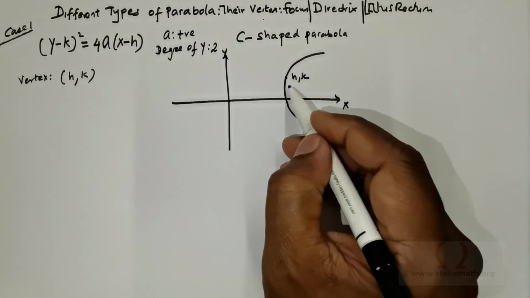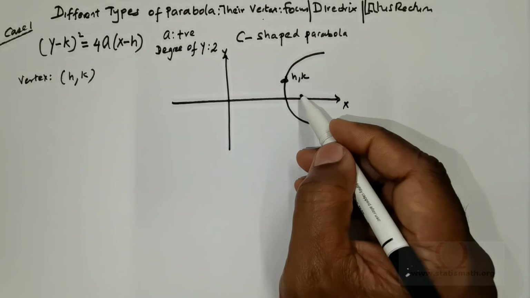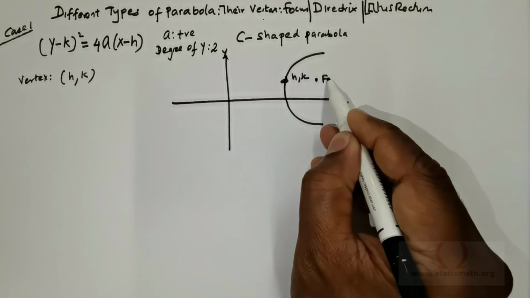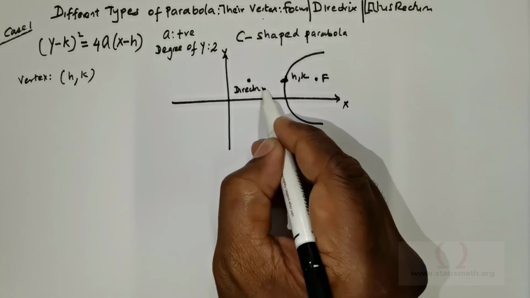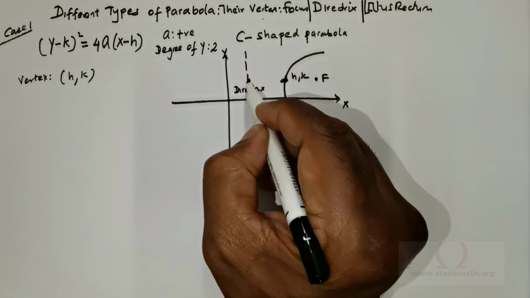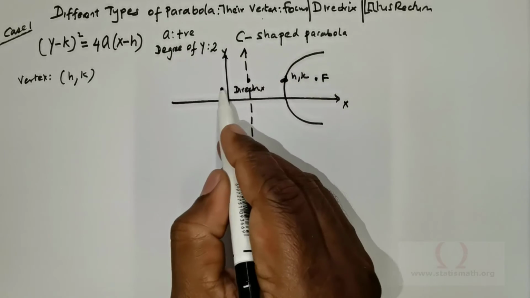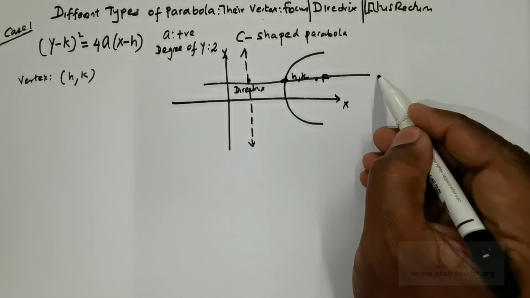So this is the vertex. Assume that this is the vertex h comma k, and you're going to have the focus over here and the directrix over here. So let me draw the directrix, and this is going to be the axis of symmetry.